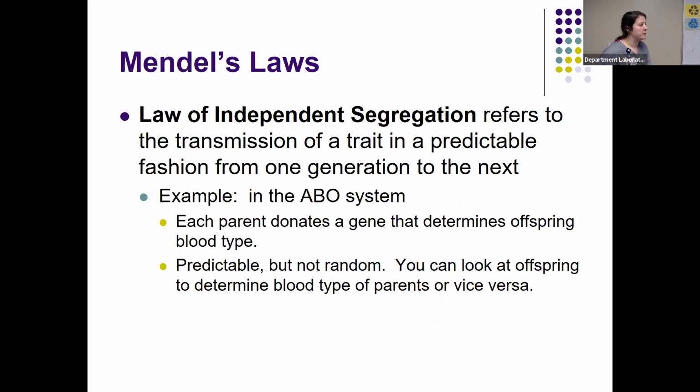You guys are probably familiar with some of Mendel's laws. The law of independent segregation refers to the transmission of a trait in a predictable fashion from one generation to the next. And this is why we can use ABO determinations for paternity testing. We can predict what the mom and dad's offspring will be.